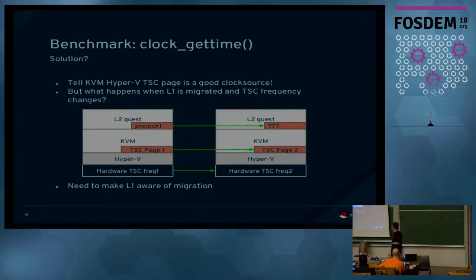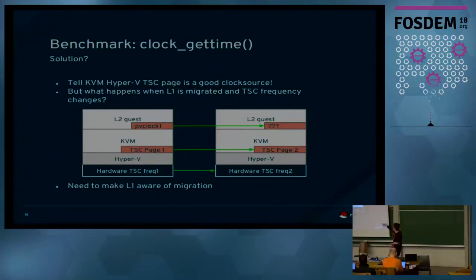What is the TSC page clock source and why do we need it? The TSC page clock source is basically just a shared memory page with 2 integers, which tells us that when we read TSC from the hardware, we need to multiply it and add some offset. So we can basically scale it and add some offset to it.